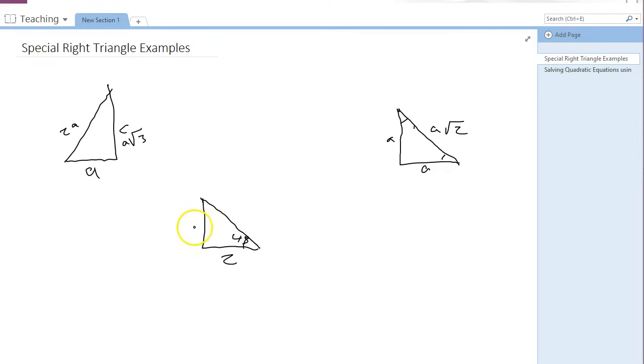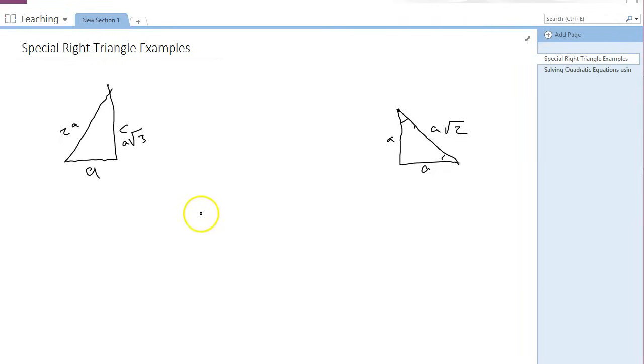So this leg, without doing any equations or anything, we just look at it, 45. So that's 45. This is 90. So this would be 2 as well. And this would be 2 square root of 2. Simple as that. And the area would be what? This times this, 4 divided by 2, which is the area would be 2.